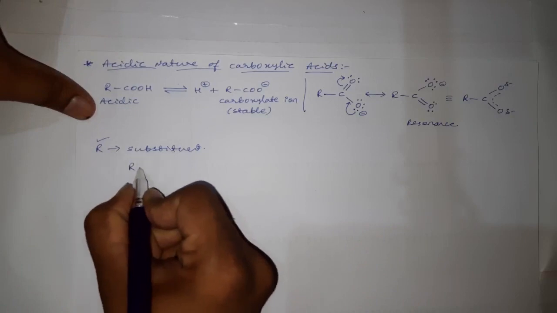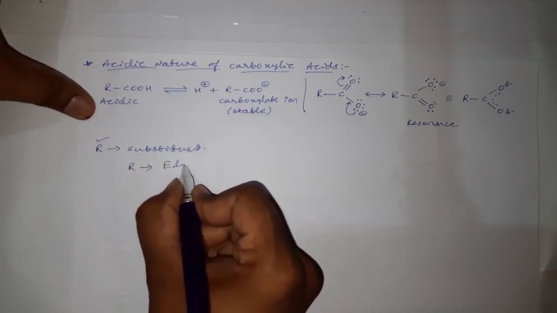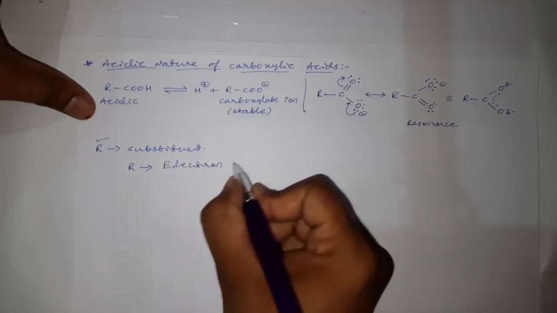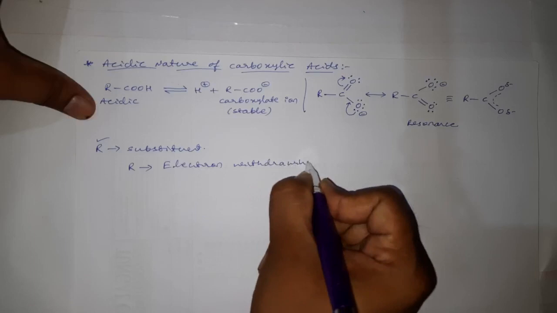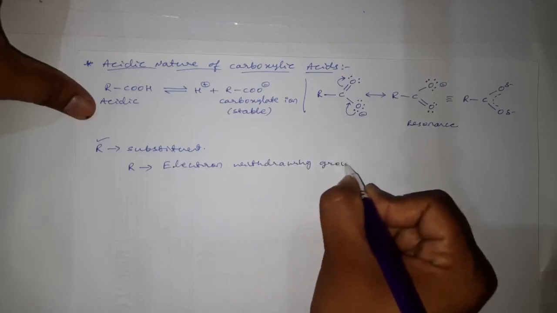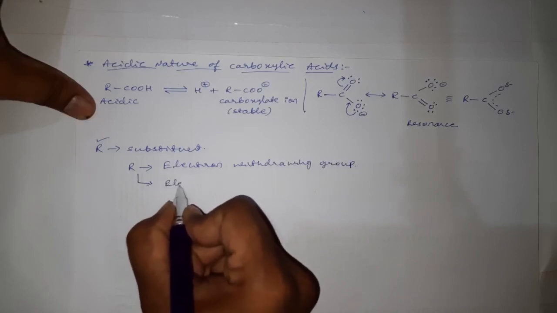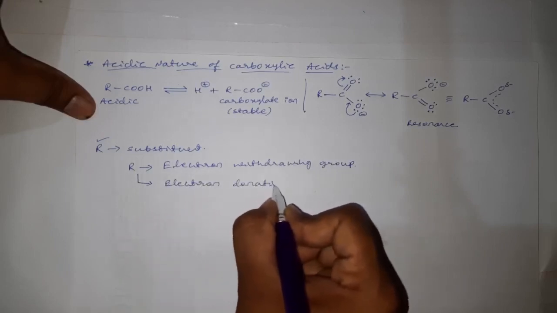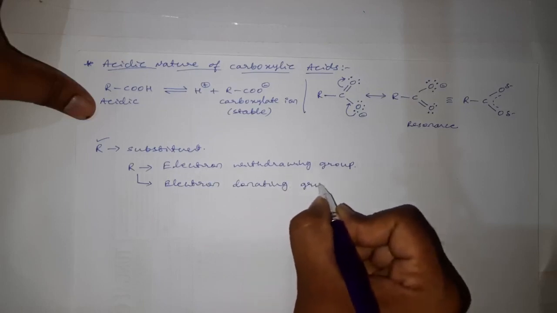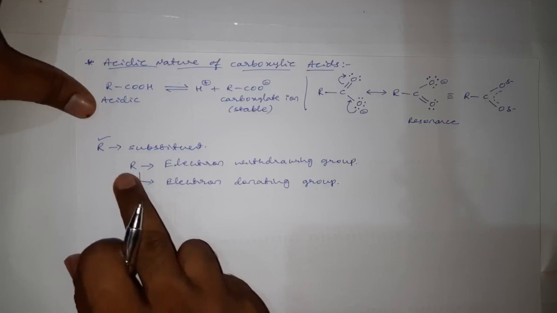This R substituent may be an electron withdrawing group, or it may be an electron donating group. There are two possibilities for R, that is, the substituent.